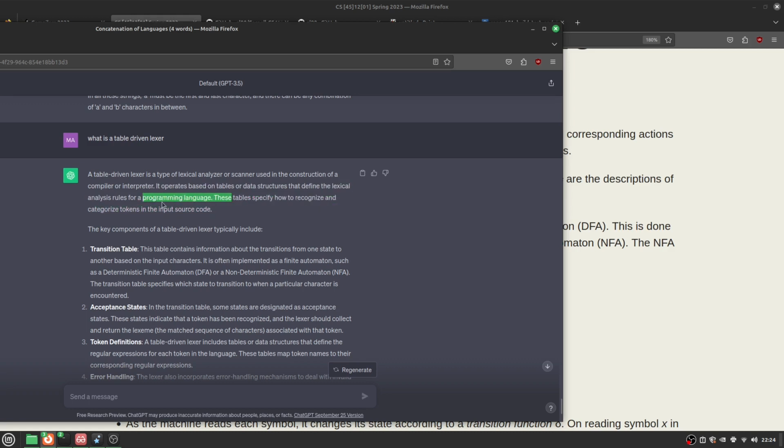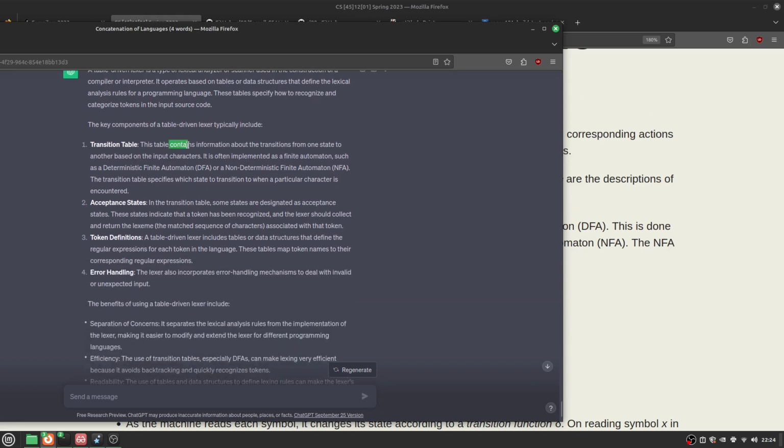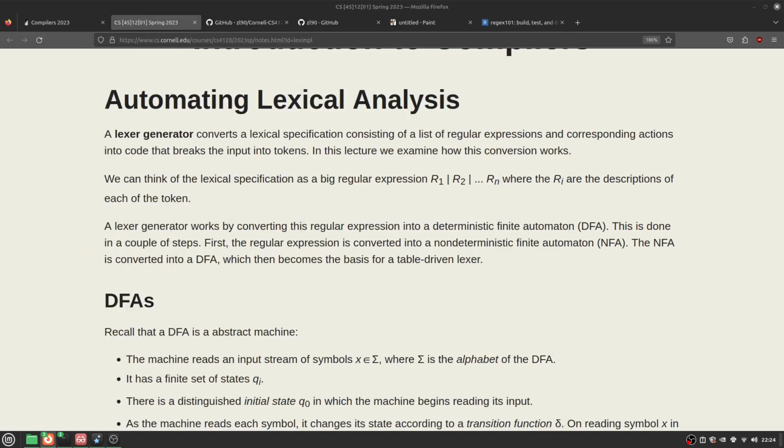These tables specify how to recognize and categorize tokens in the input source code. Does it just mean the symbol table? No. A transition table contains information about the transitions from one state to another based on the input characters. It is often implemented as a finite automaton, such as a DFA or an NFA. The transition table specifies which state to transition to when a particular character is encountered. Gotcha. Cool.